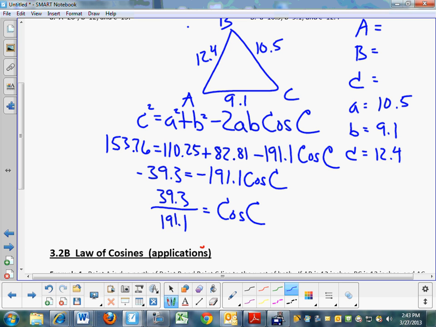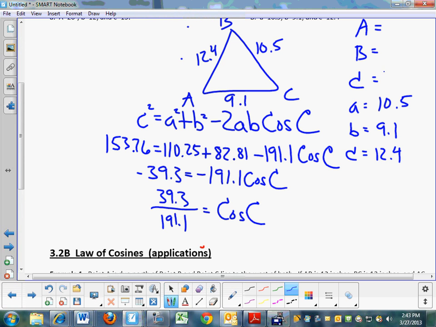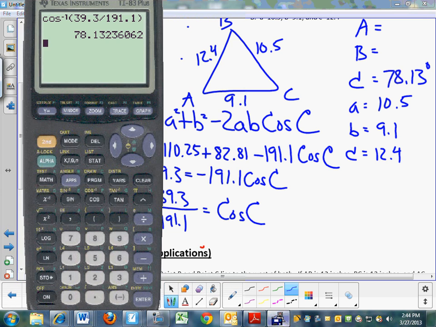So let's just inverse. We'll do second cosine inverse of 39.3 divided by 191.1. And we get 78.13. Now, watch this.